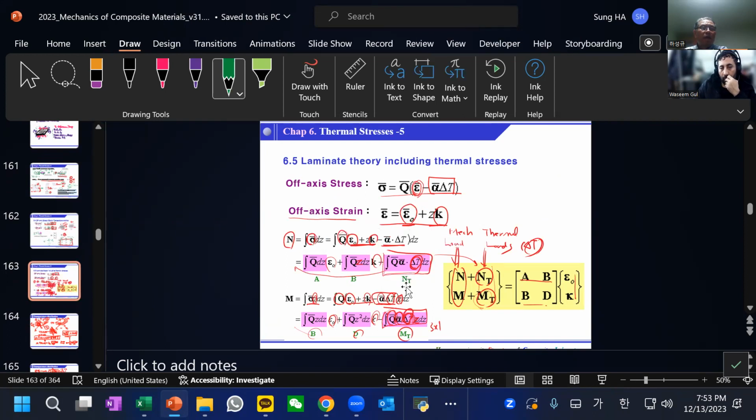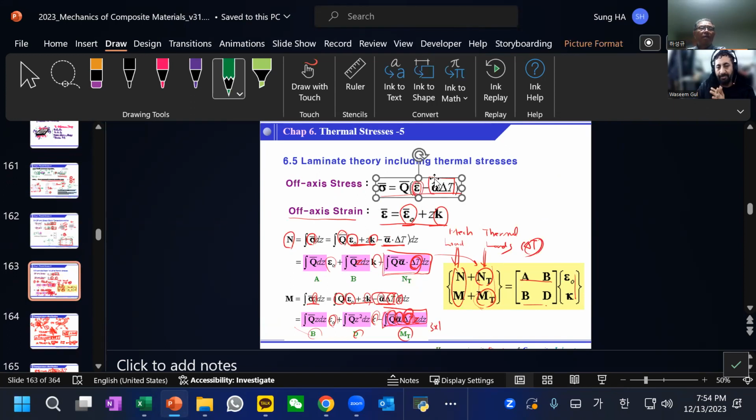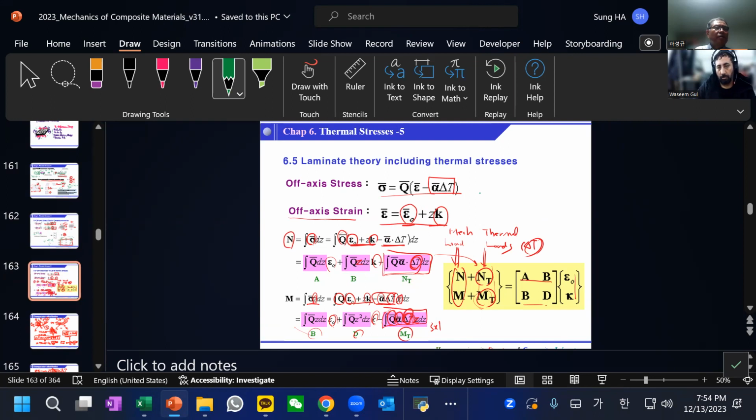I don't need to explain everything again, but I will emphasize the key steps here. The off-axis stress is what we just obtained from the on axis: sigma equals Q times epsilon minus alpha delta T. So this is the first step.